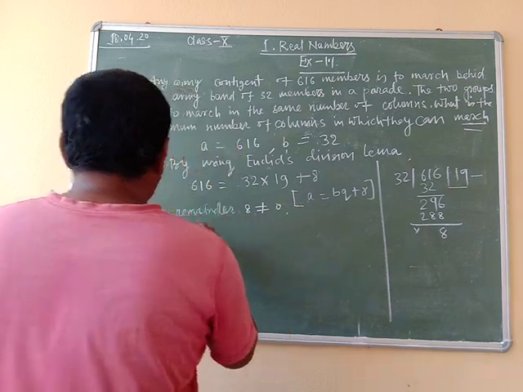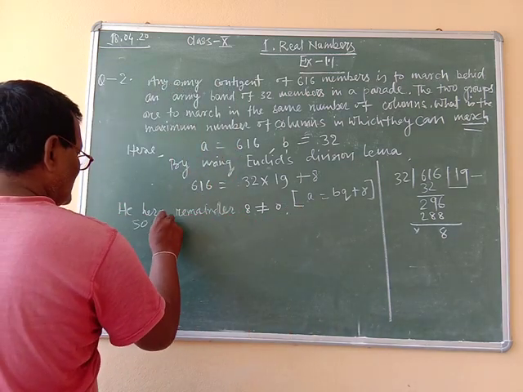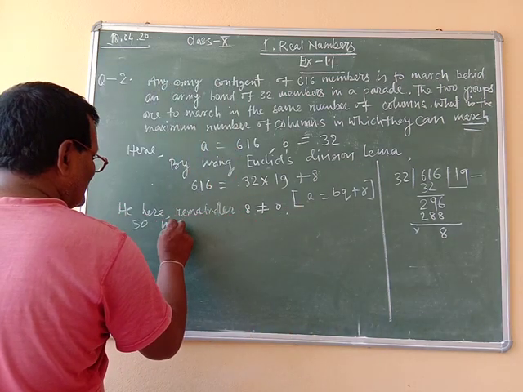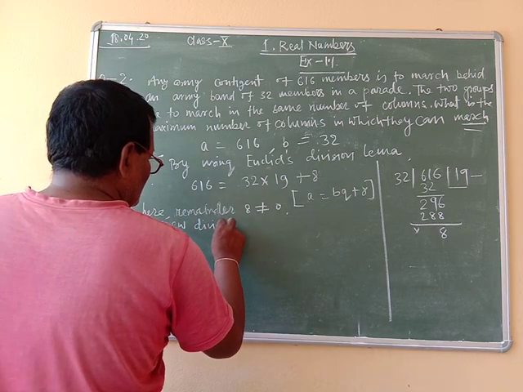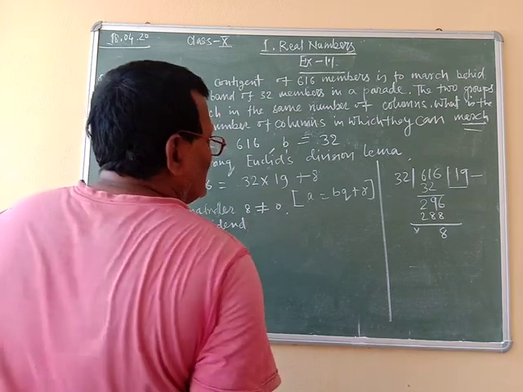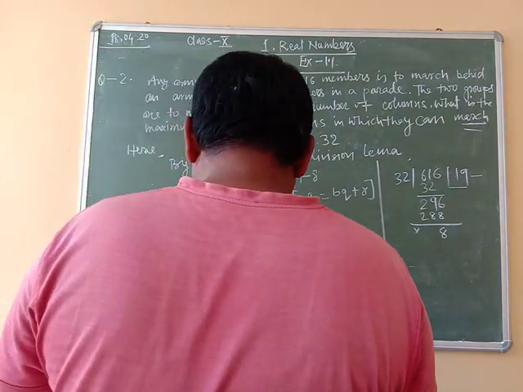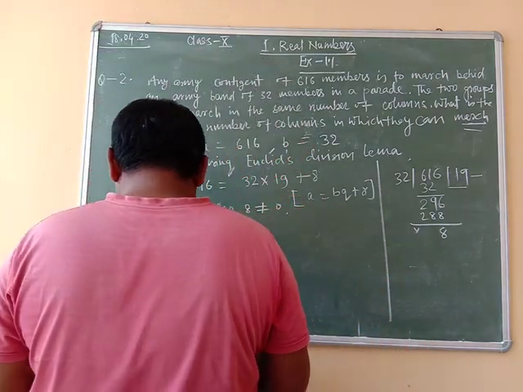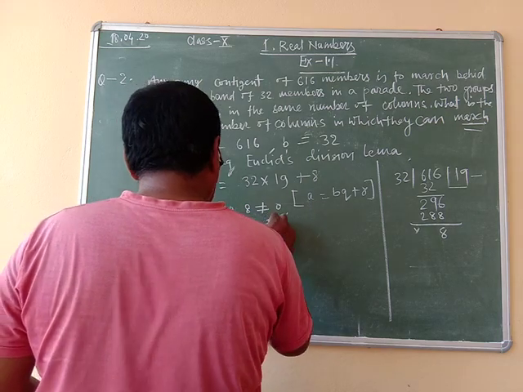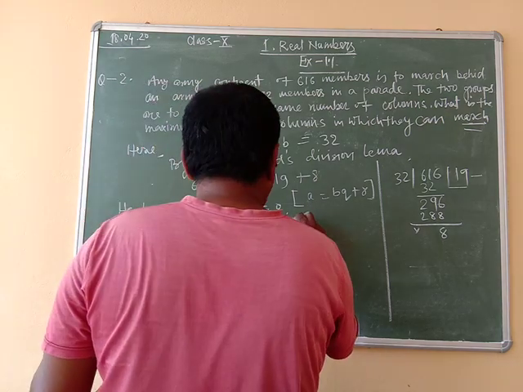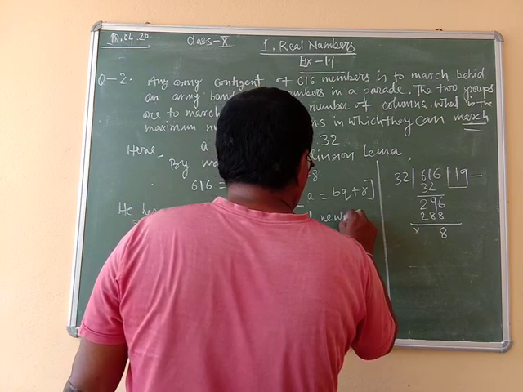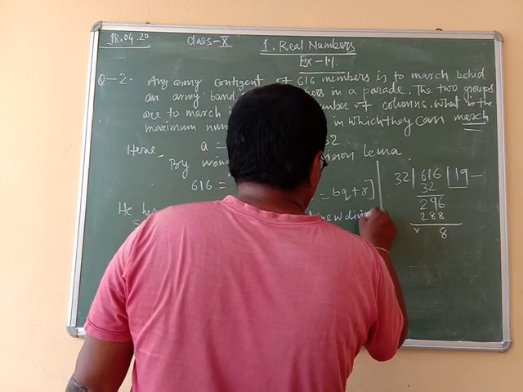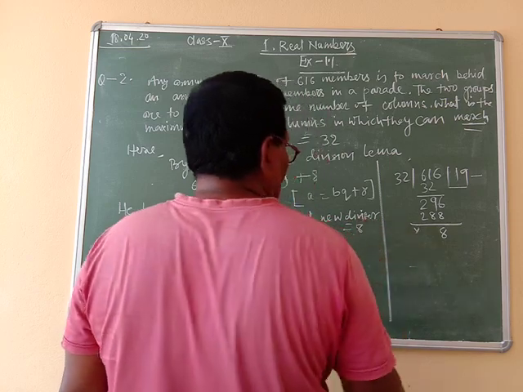So the new dividend is 32 and the new divisor is equal to 8.